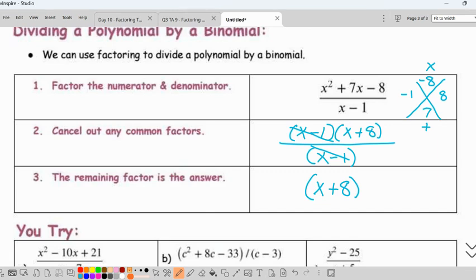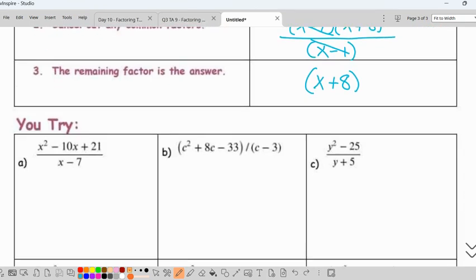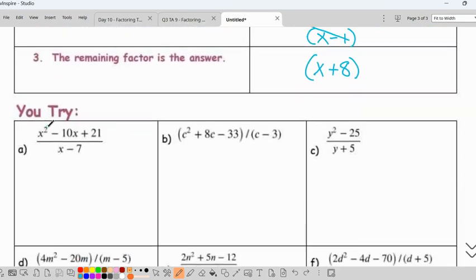Let's try the next example together. I have x squared minus 10x plus 21. I look for a greatest common factor, which I don't have. I'm going to put my 21 in the top and my negative 10 in the bottom. Think 3 and 7. They both will have to be negative in order to add up to negative 10, but multiplied to 21.